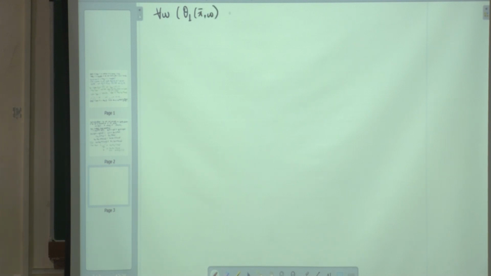For all w, theta 1 x bar w conjunction theta 2 x bar w, and here I am going to say for all w theta 1 x bar w, conjunction for all w theta 2 x bar w. True or false? Are these logically equivalent? Think about it. I will write another one.